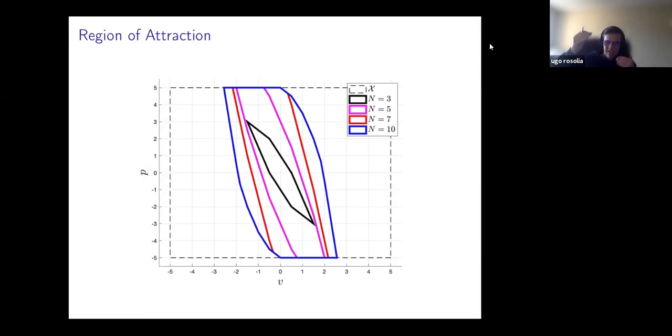Now we need to plan with a long prediction horizon, and we will have problems related to the computational tractability of our problem. So here again, I want to stop for a second to see if there are any questions about the region of attraction of the controller.